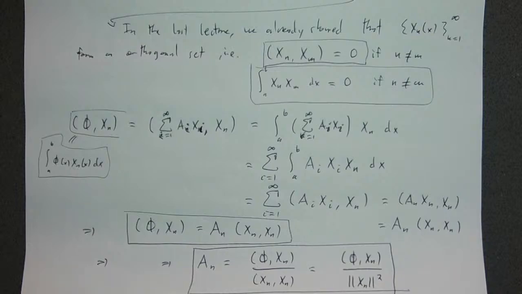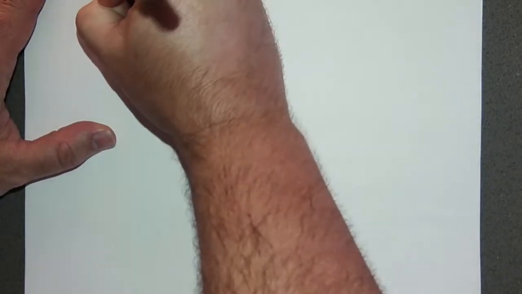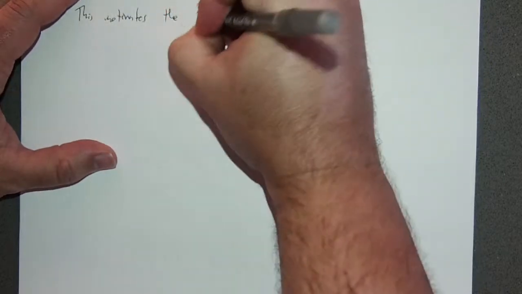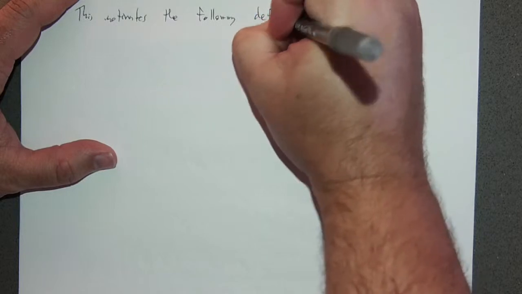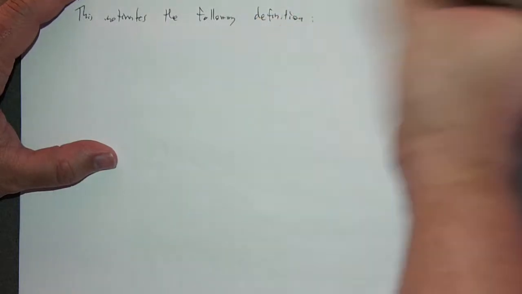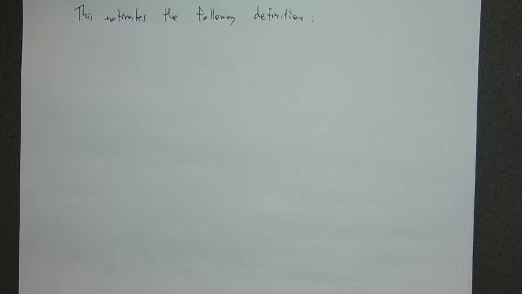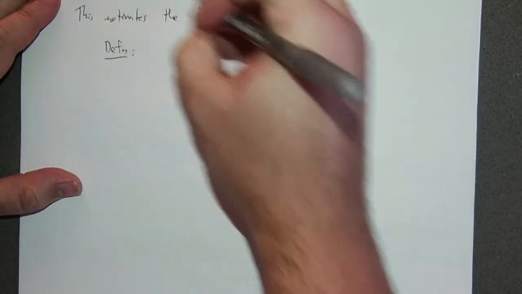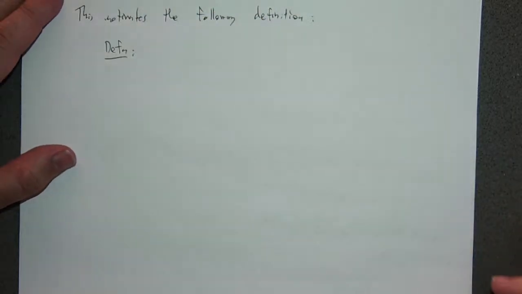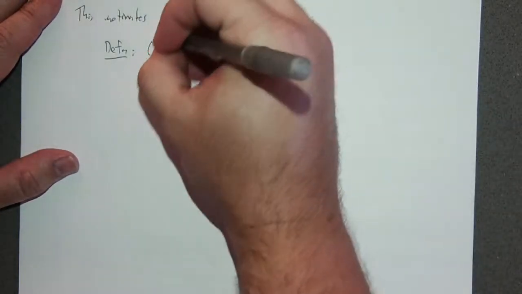This motivates a definition. Okay, so this motivates the following definition. For this definition, this is a definition of what we'll call the general Fourier series of a function.